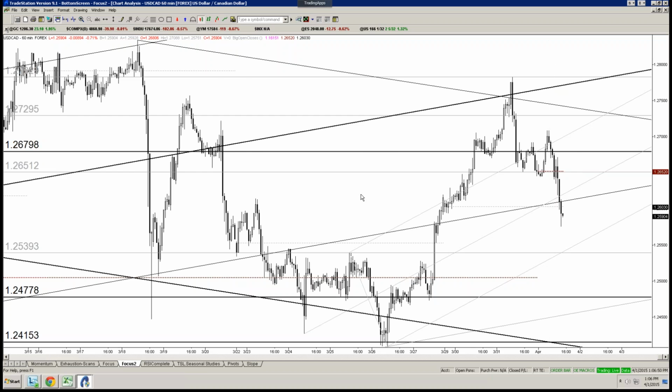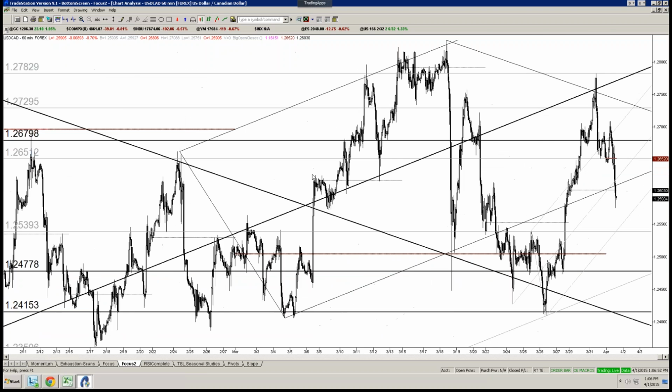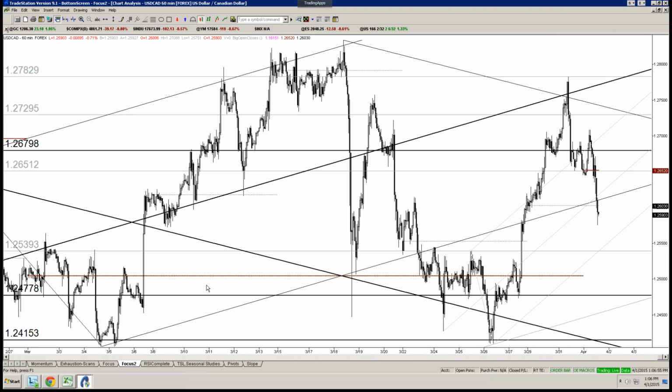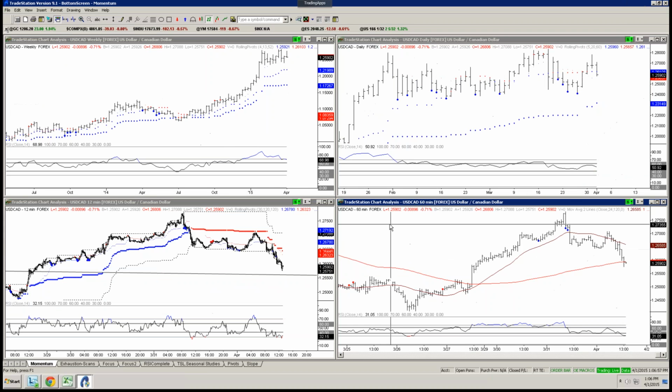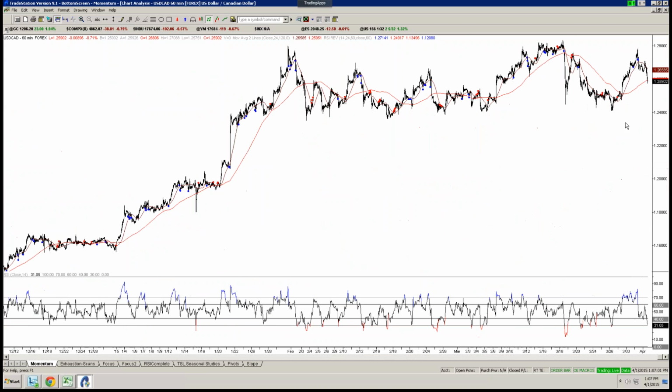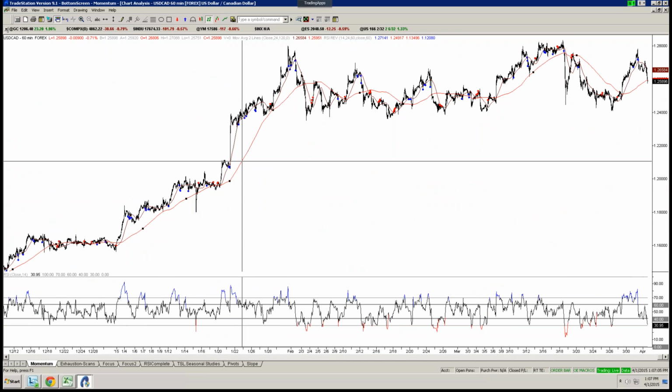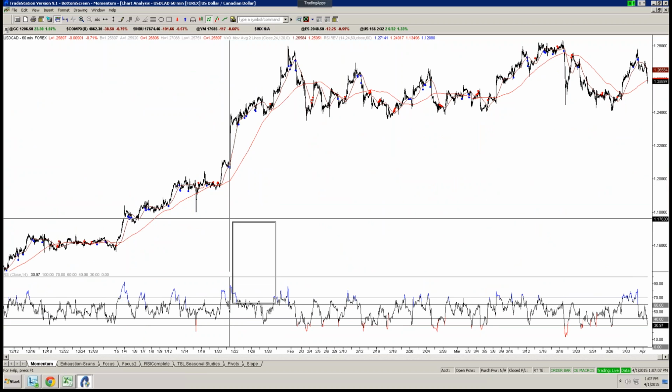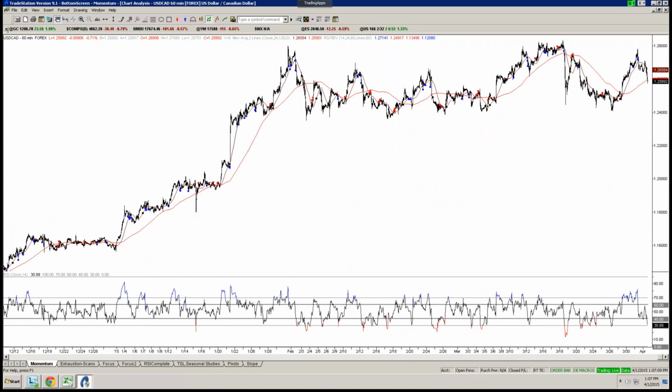Another thing that you can do, and I've referenced this before in the past, is when you have a reversal, and this is an hourly chart, and the two lines on here, the red one's a 120 period moving average, so that would be 120 hours in this case, and then this one is 24 hours.